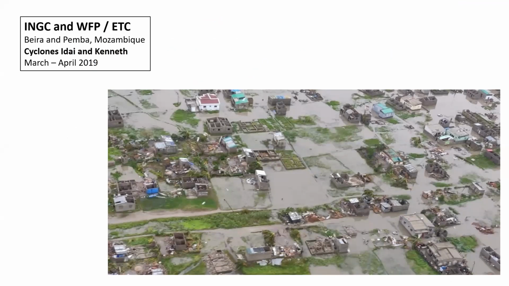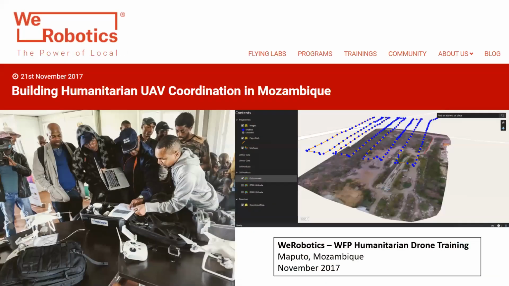In this case, we had done preliminary work through We Robotics to help train INGC, which is the disaster management agency of Mozambique, in data coordination. They already had actually a drone mapping team that's quite talented that had been supported with equipment by UNDP. And with some licenses of Pix4D to be able to do the mapping.